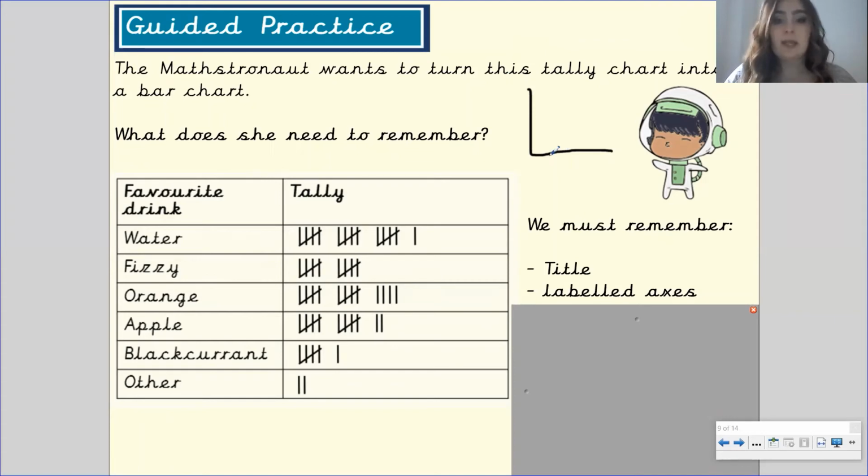Then we'd need to label this axis as favourite drink, and then we'd label it further by saying which drinks there were. So we'd have water, fizzy, orange, apple, and so on. And then up this axis, you would write the number.